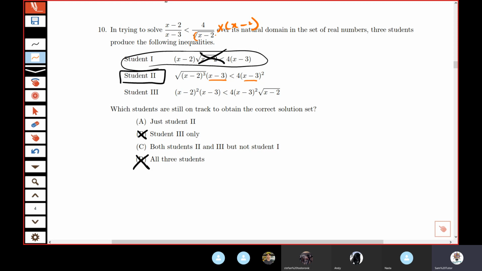That becomes power of a half, and 1 becomes a half. But if you multiply this side by x minus 2, you've also got to multiply this side by x minus 2. But that's not allowed. You can't just multiply by x minus 2 because x minus 2 could be negative. So it's going to be x minus 2 squared for this to have worked out. This one's wrong. So let me tell you again what they've done for triple I.